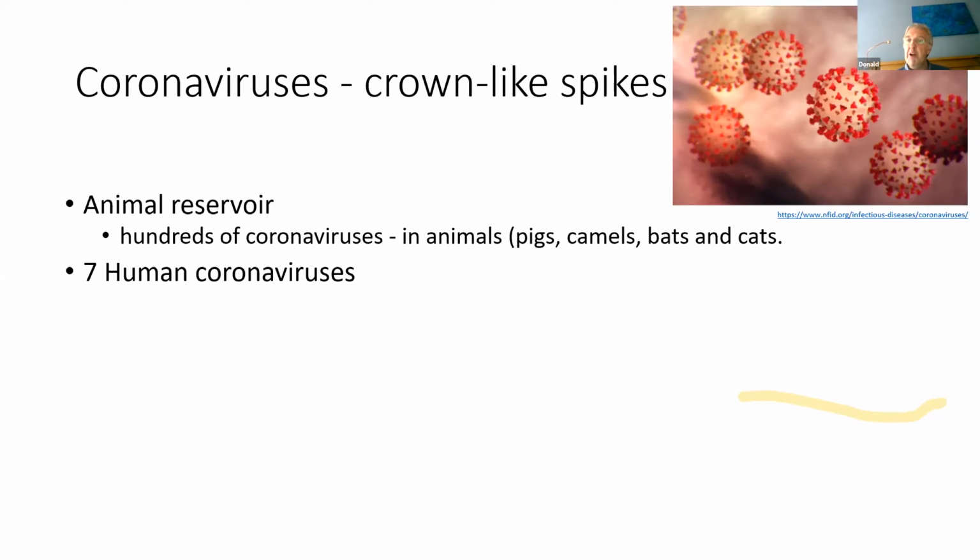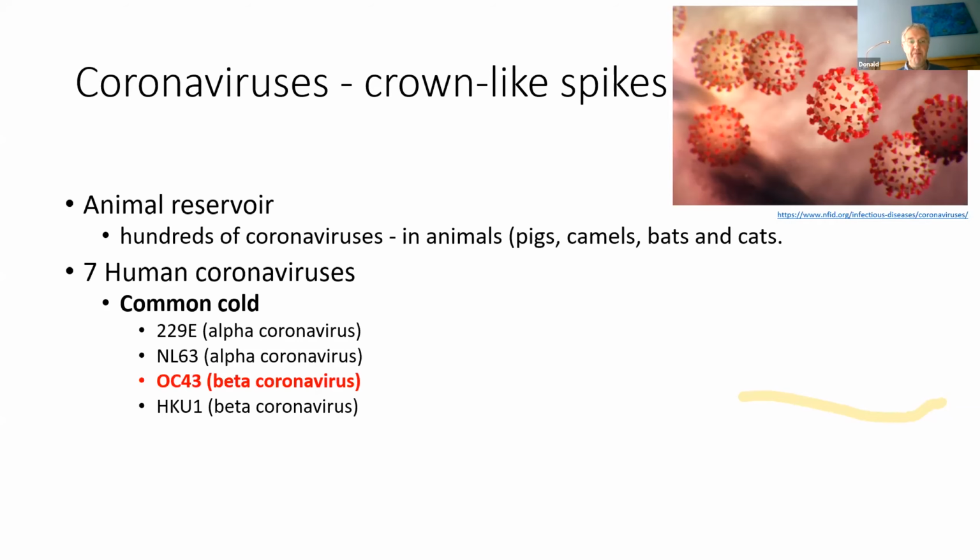But in terms of humans, there are only 7 that infect humans. 4 of them are just responsible for the common cold. And when you get the common cold, once a year, twice a year, more if you're unlucky, you are very likely getting one of these coronaviruses that's causing it.